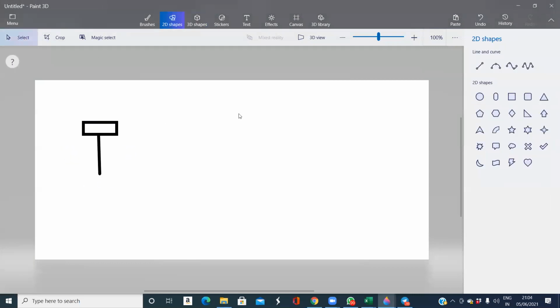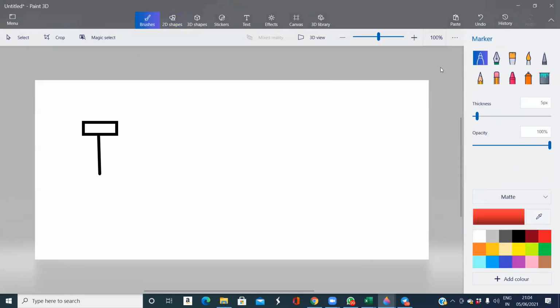So here, consider this as a green hammer.